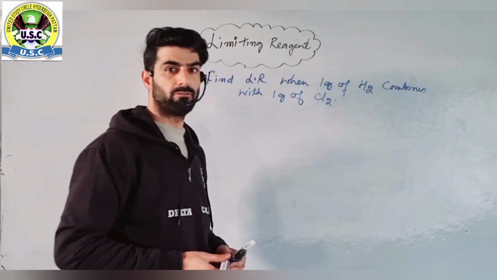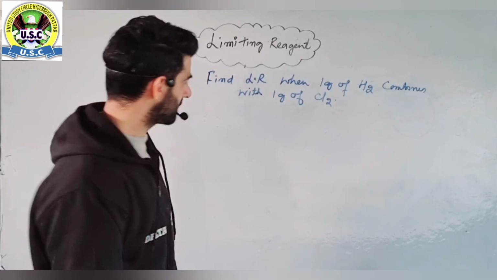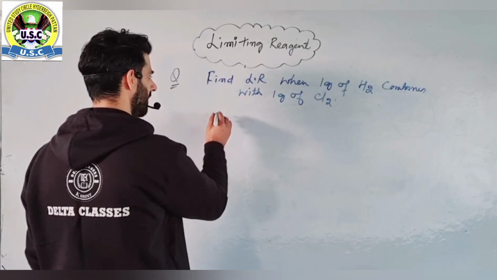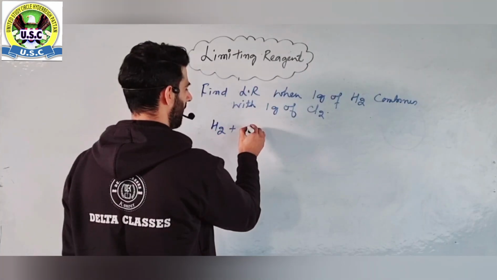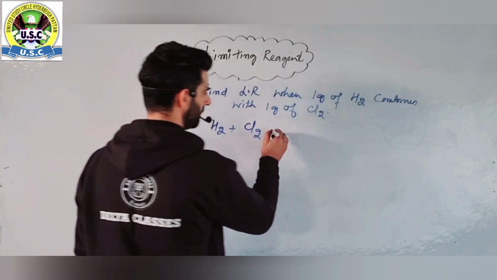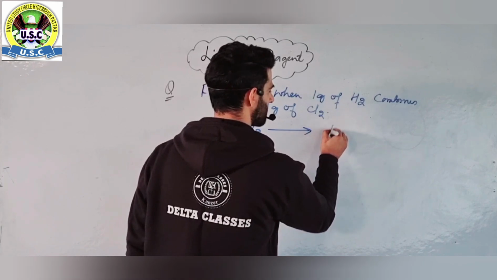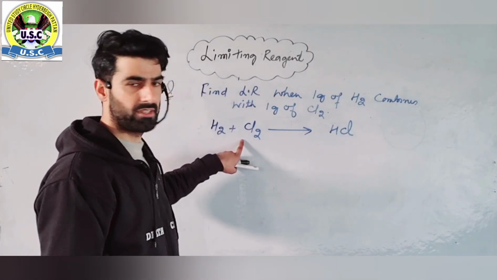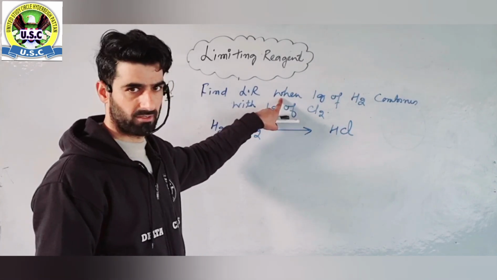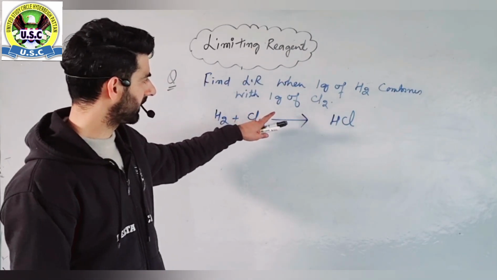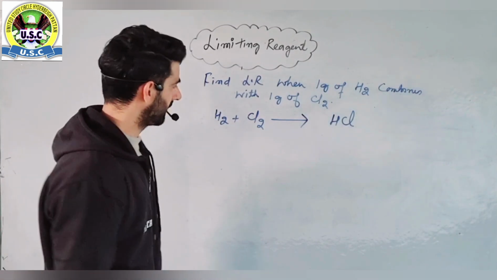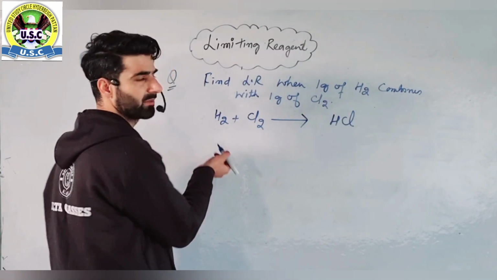In order to find out the limiting reagent, let's first write down the chemical reaction for this data. We have H2 and it reacts with Cl2 and they both give us HCl. Next, we simply balance the chemical reaction.